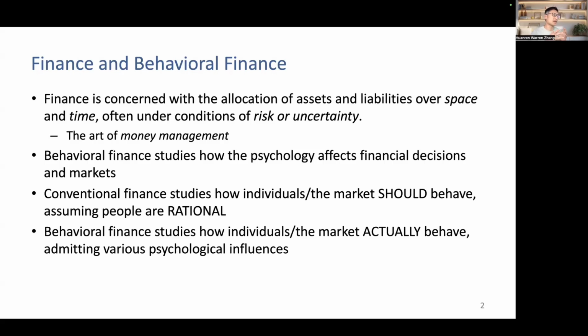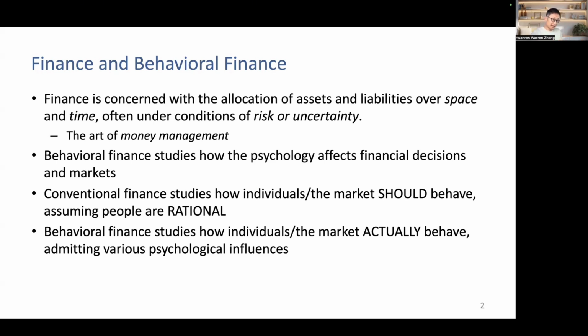Conventional finance studies how individuals and the market should behave, assuming people are rational. So just as neoclassical economic theory, finance is built on the assumption of rationality. In other words, it's built on the rational choice model. So conventional finance is a prescriptive theory, meaning that it prescribes how rational people should behave.